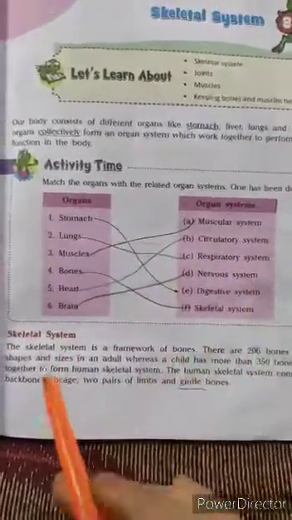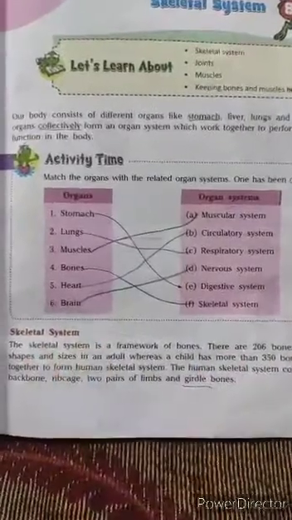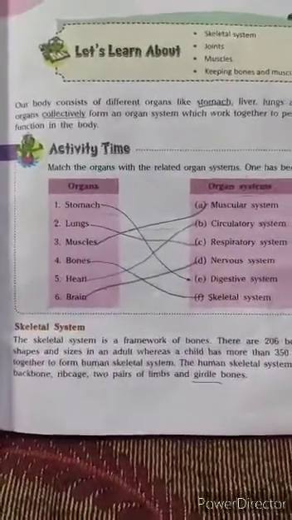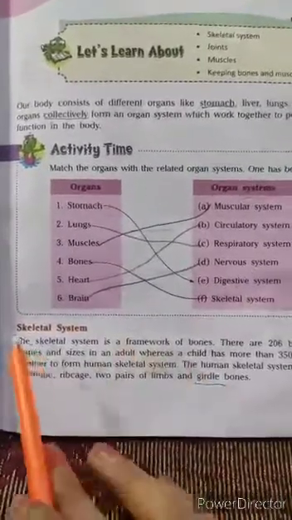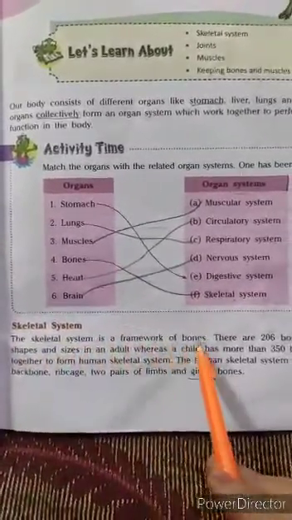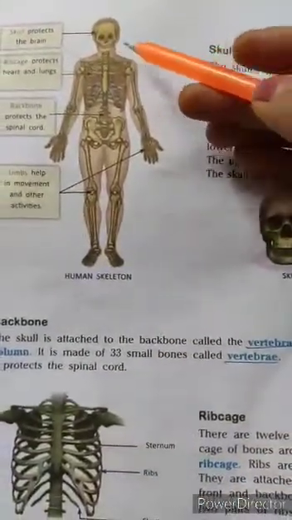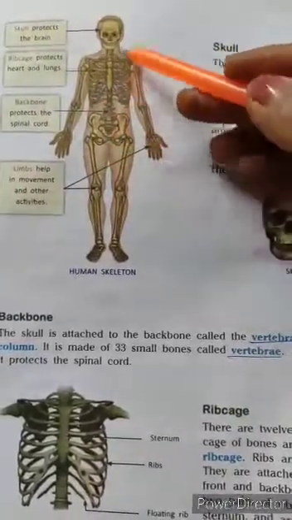Now comes your skeletal system. Let's have a small introduction of the skeletal system and the rest of the topic we will cover tomorrow. The skeletal system is a framework of bones. As you can see over here in the picture, in the diagram, it is a framework of bones.